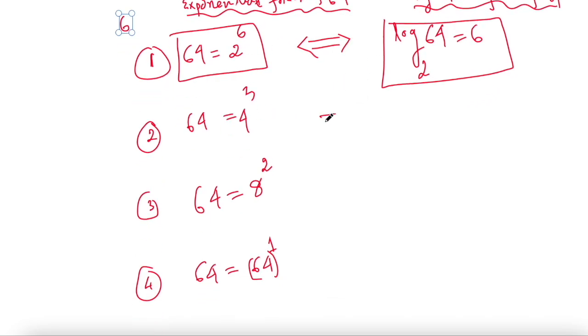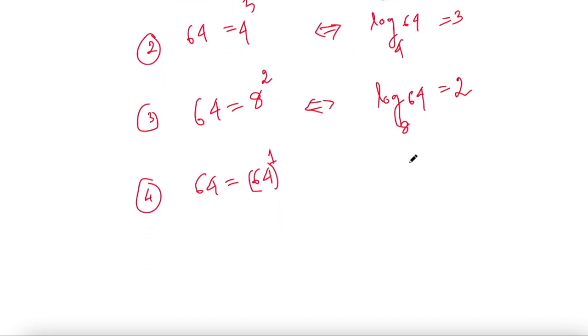For the second one, the logarithmic form of 64, if base is 4, then the answer will be 3. And for the third one, log of 64 to the base 8 will be equal to 2. And for the fourth one, what is the base here? 64.